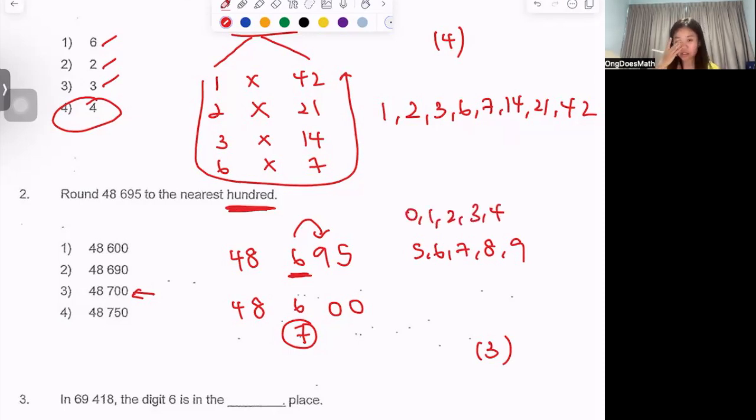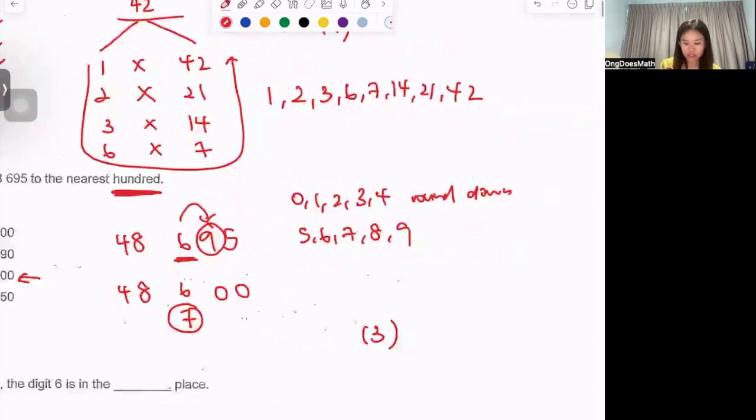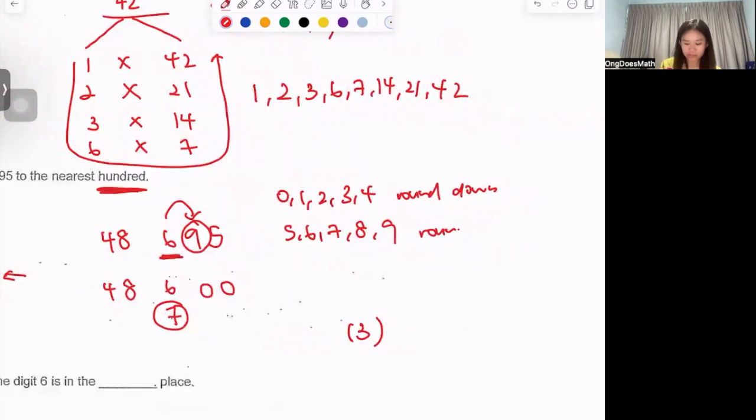If you see 0, 1, 2, 3, 4 as your neighbor on the right, you will round the number down, which means you keep the digit 6. But since your neighbor here is 9, which is super large, you will round it up. That's why we choose the number 7, and hence the rounded off number is 48700.